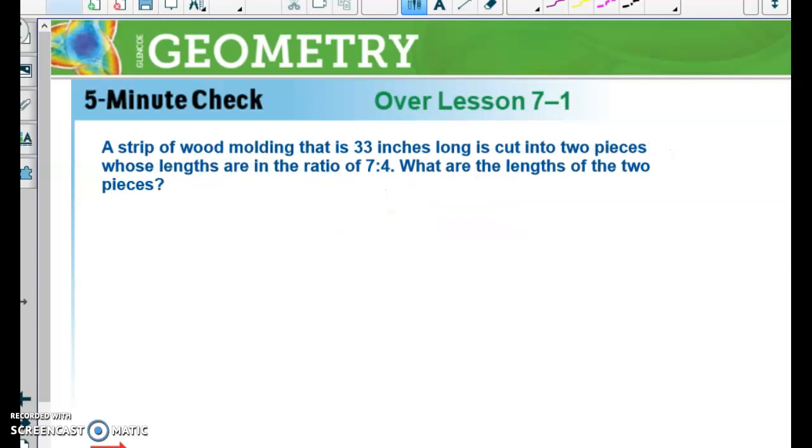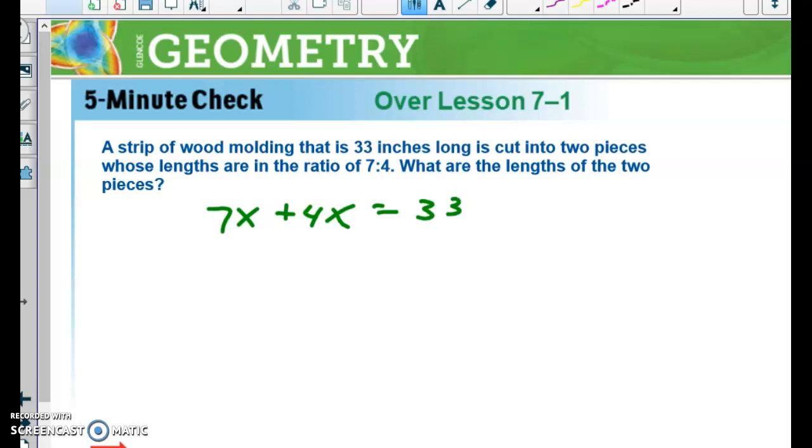A strip of wood molding is 33 inches long and is cut into 2 pieces whose lengths are in the ratio of 7 to 4. What are the lengths of the 2 pieces? So we know here that 7 times something plus 4 times something equals that 33 inches.